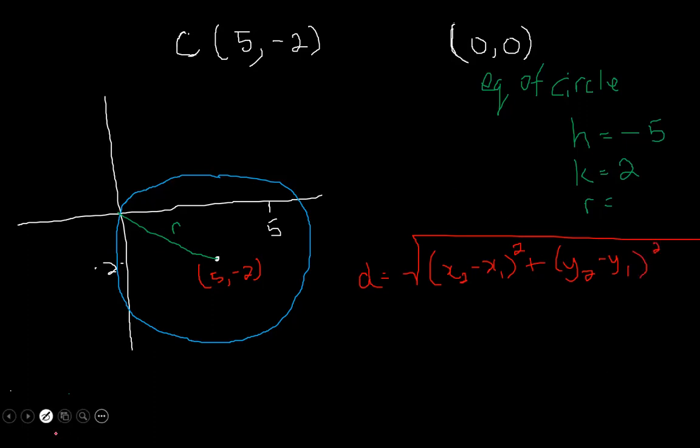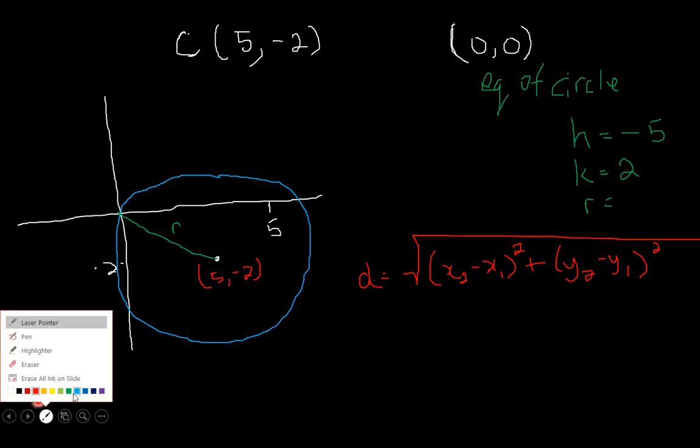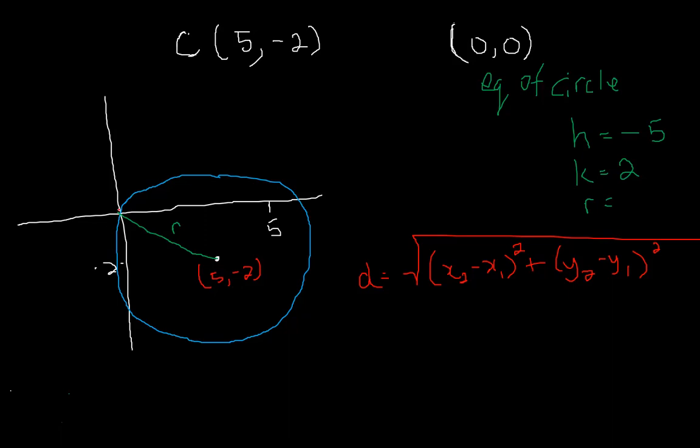So we could find the length of R. Why? We have 2 endpoints. They told us that the center is 5, -2. And they also told us that it passes through the origin. So that's right here, and that's the coordinates 0, 0.